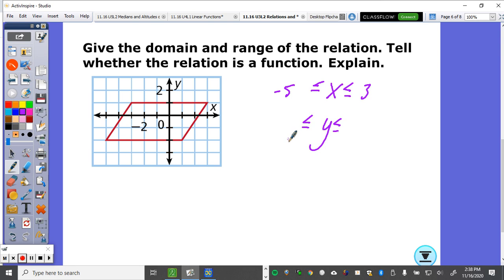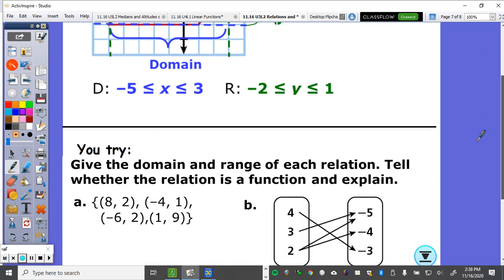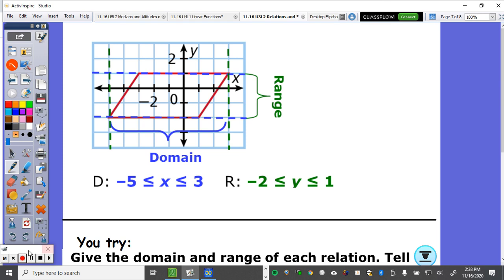Anybody. Close. -2 to +1. Okay? All right. And so that just kind of gives you more of an example of it right here. Easy. All right. We're going to stop it there.